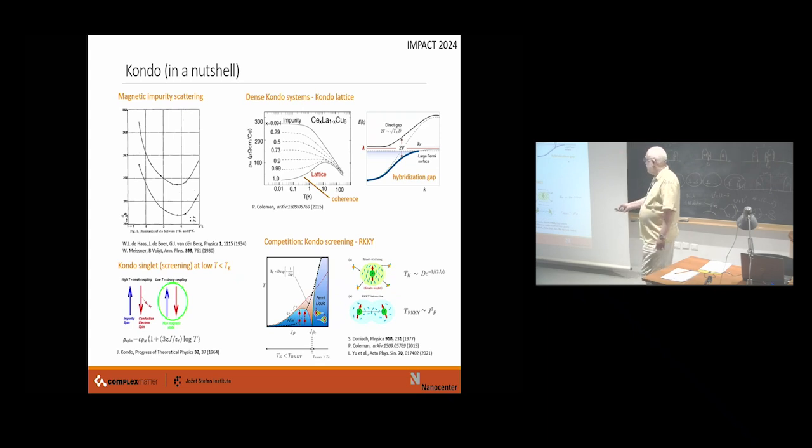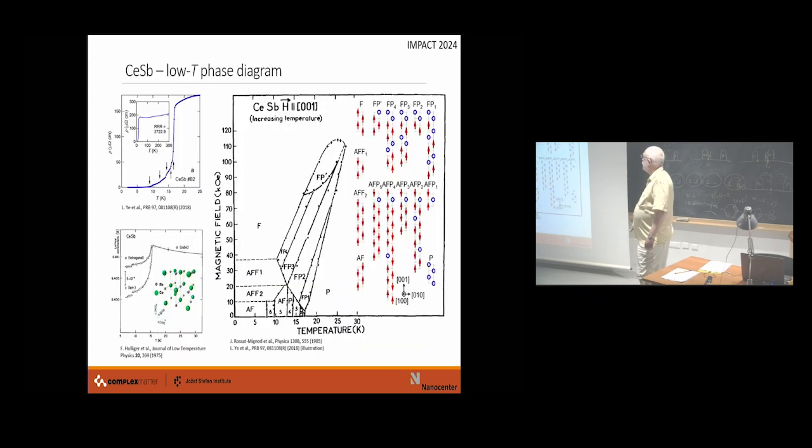And this means that depending on this interaction, you will have either Fermi liquid Kondo behavior, which would lead to heavy fermion behavior, or some magnetic ordering, which is usually antiferromagnetic.